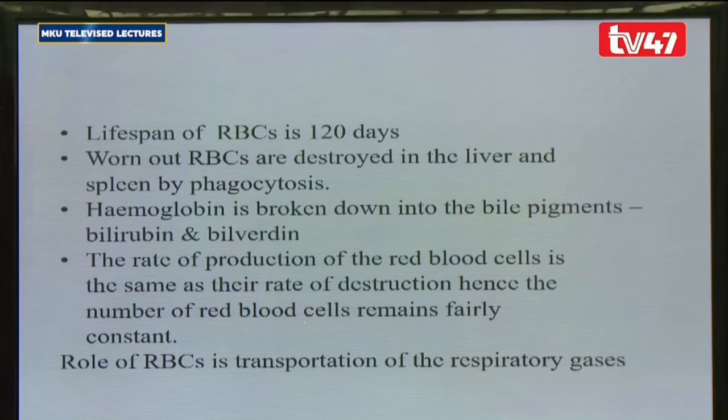Too much carbon dioxide will cause the curve to shift to the right, and that means the hemoglobin will take up less oxygen. Less carbon dioxide, the curve will shift to the left, and it means the hemoglobin will take up more of the oxygen. So that curve quickly demonstrates to us the high affinity of hemoglobin for oxygen gas.